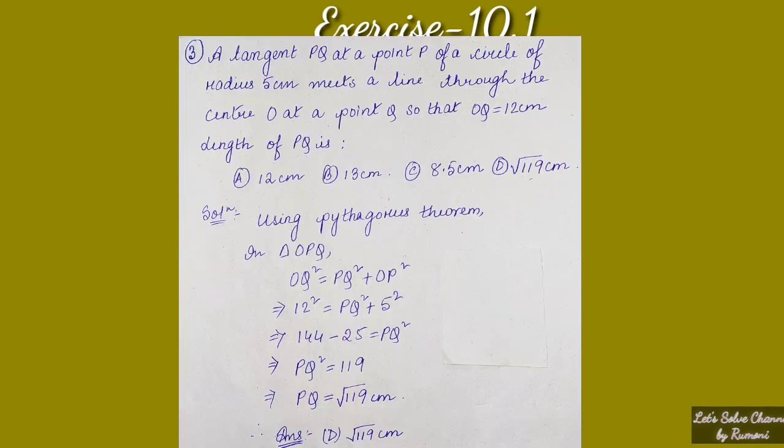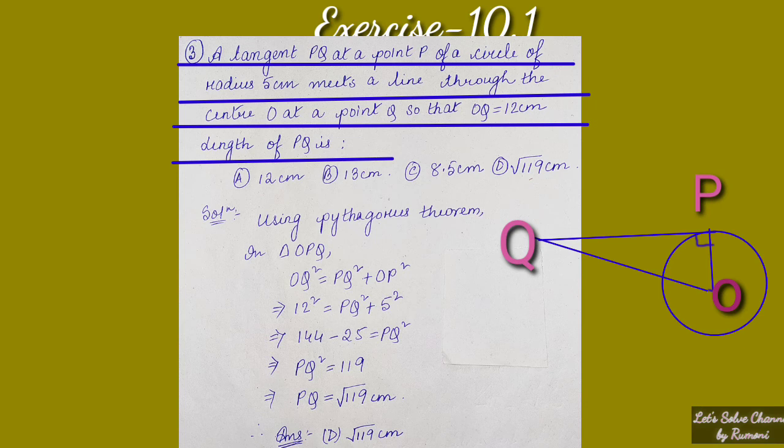Question number 3. A tangent PQ at a point P of a circle of radius 5 cm meets a line through the center O at a point Q so that OQ is equal to 12 cm, and you need to find the length PQ. See, OPQ is a right angle triangle, so we can apply Pythagoras theorem.